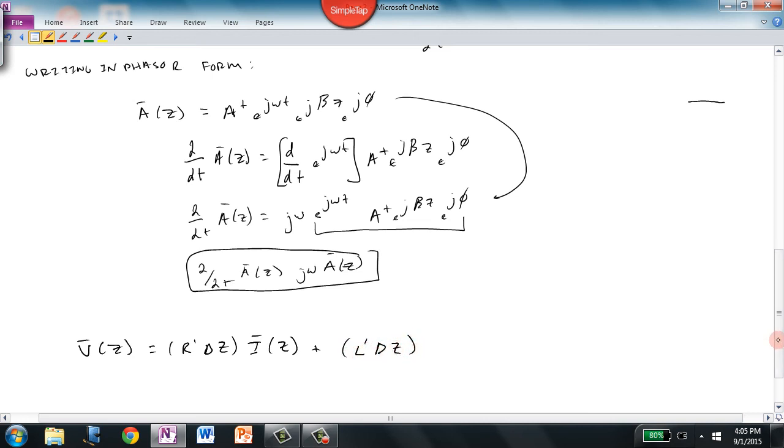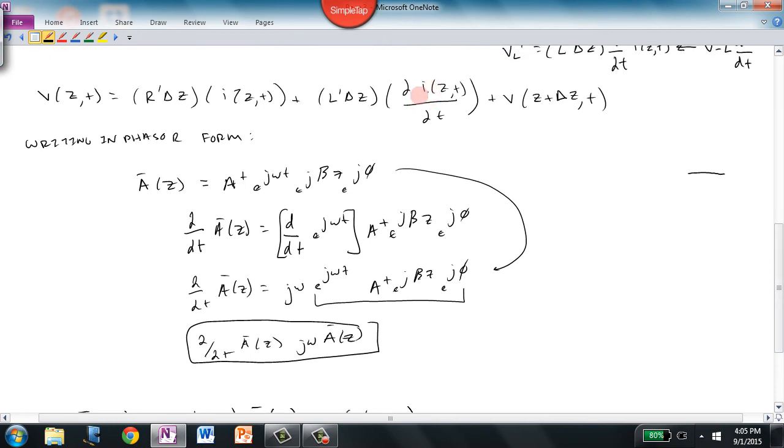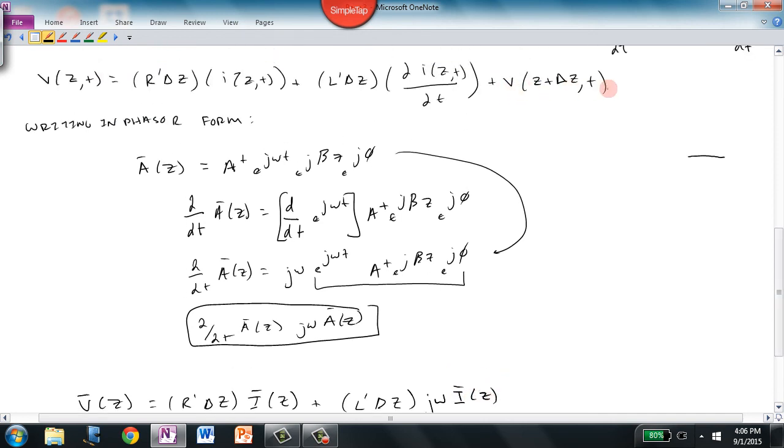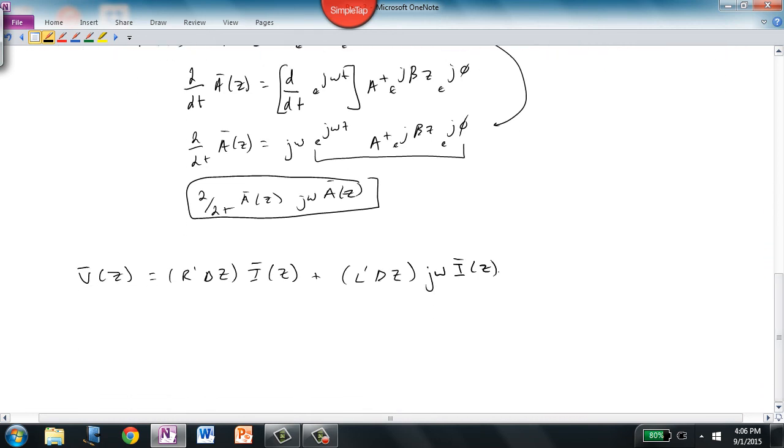And now we have the derivative of the phasor current, which from this result is just going to be j omega times the phasor current, I of Z, and then we need the phasor voltage across the output end of the transmission line, which is just plus V of Z plus delta Z. So now we've been able to rearrange that into phasor form.